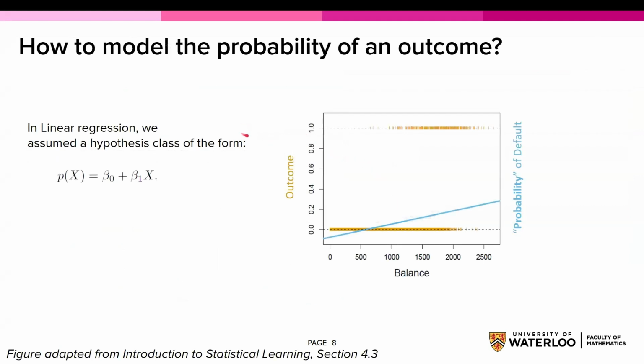Okay, so we want to model the relationship between the probability of an outcome, P of X, and the features or some predictor X. So how can we do that? Well, when we looked at linear regression models, the output was modeled as a linear combination of the input features.